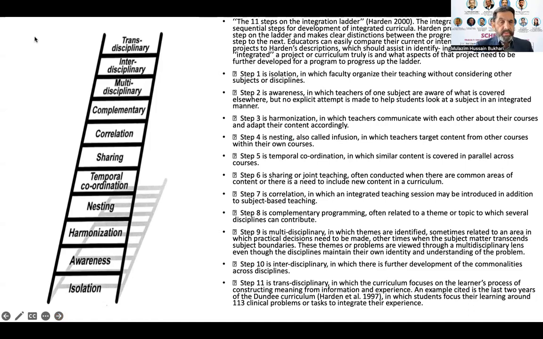Isolation, awareness, harmonization, nesting, temporal coordination, correlation, complementary, multidisciplinary, interdisciplinary, transdisciplinary. Every institution must know how much is needed and how much infrastructure is available to reach the 11th step. Do not jump from one step to another. All models should be based on this if they are going to make the integration.